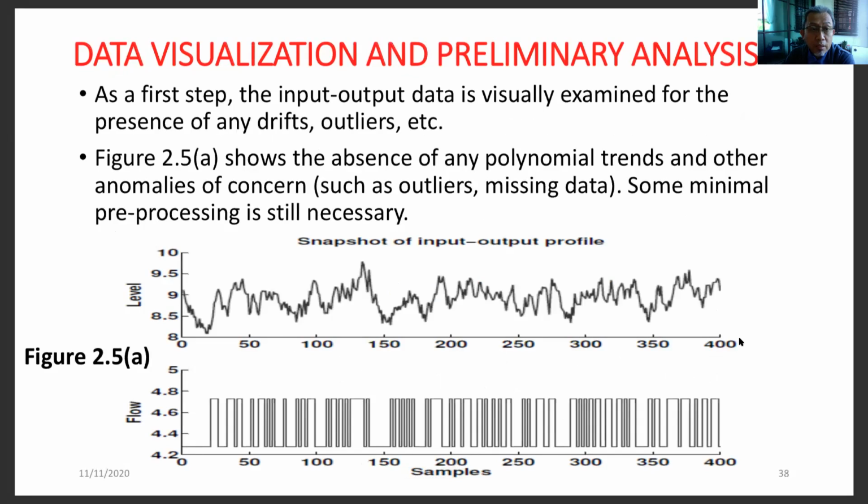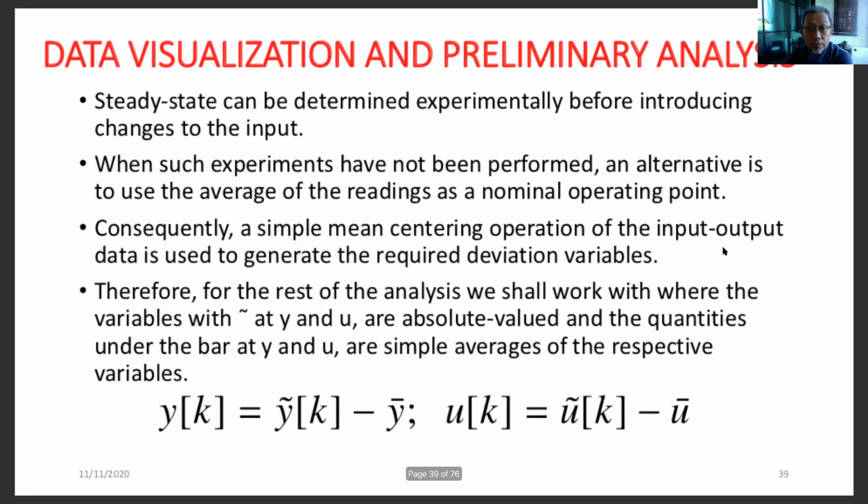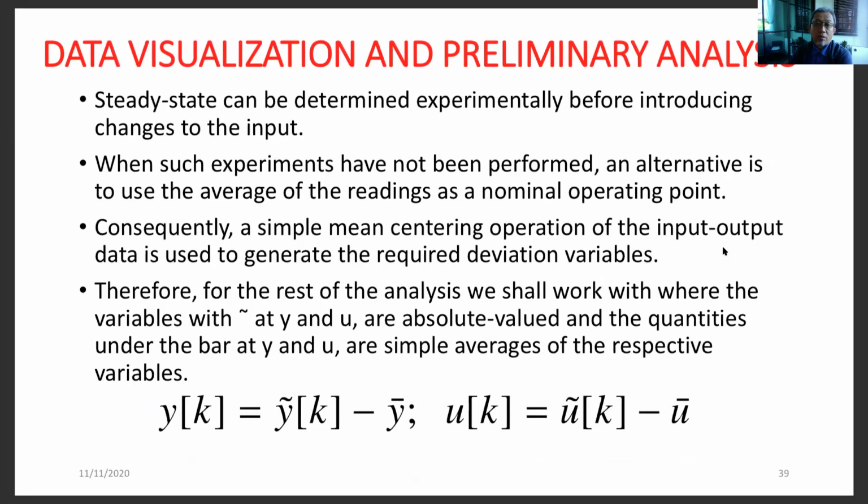So when we combine the input and output in one graph, you can see that the output tries to follow the trend of the PRBS, okay. You see, if it goes down, it also wants to go down, but it is slow; it goes up, goes down, and so on. So it tries to follow. Okay.